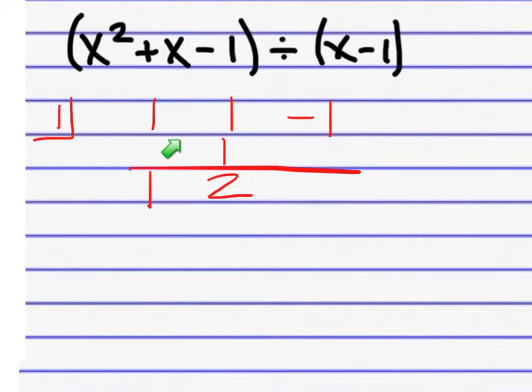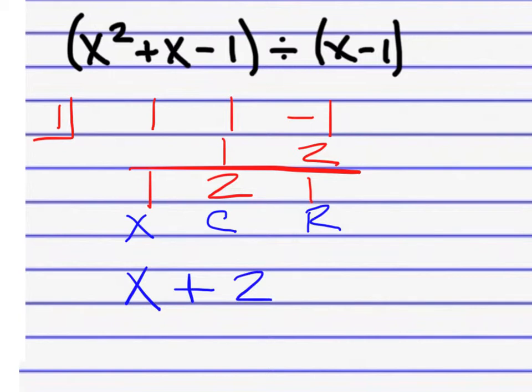Now multiply 1 times 2 and put the result here. Negative 1 plus 2 is 1. So we have a remainder of 1, a constant of 2, and an x term with a coefficient of 1. So that means x plus 2 plus 1 over x minus 1.